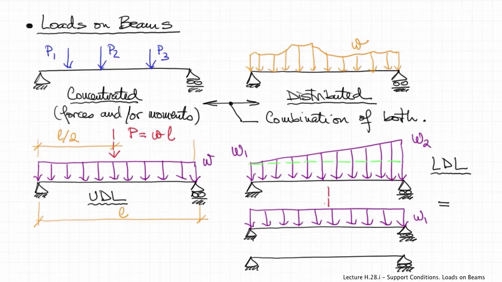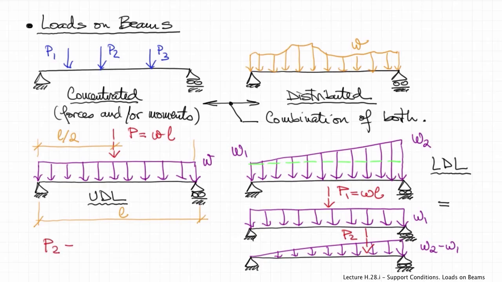and then overlap them, add them up through the principle of superposition, which allows us to divide the load into components, and the effect of these components summed up will equal the effects of the original load on the beam. So you can see here we have a uniformly distributed load of load intensity w1 and a linearly distributed load having a maximum load intensity equal to w2 minus w1.